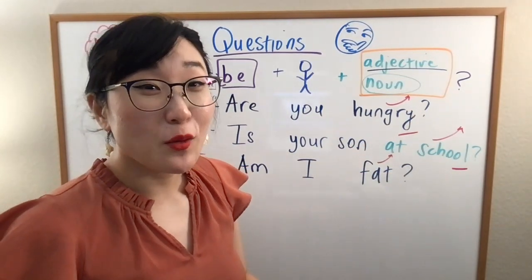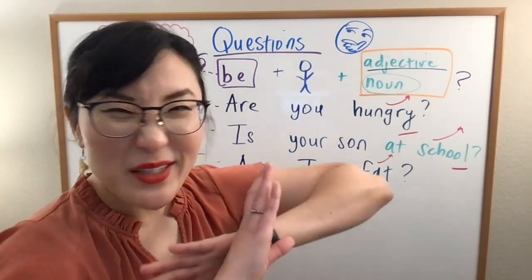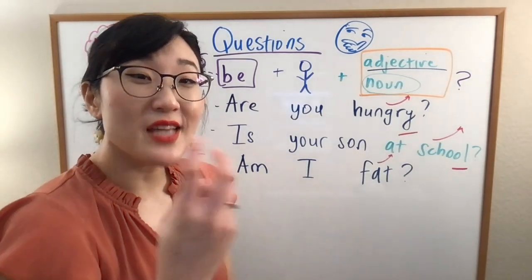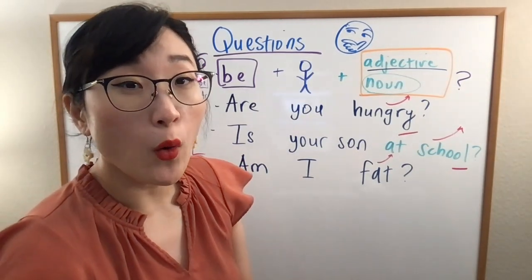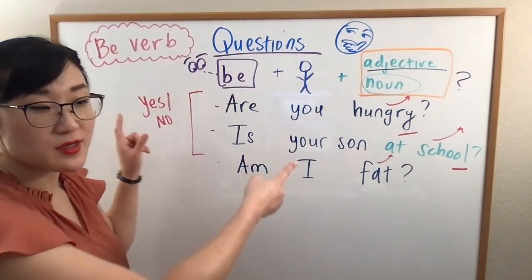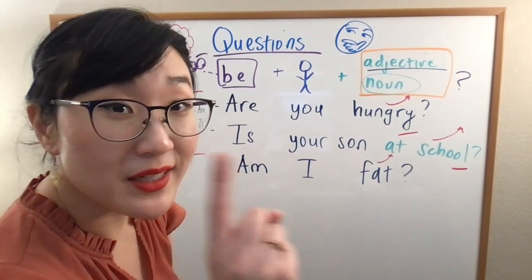But of course, questions are more difficult in English. It is not always simple with yes or no questions. So we have a second group called more information questions. These are similar to yes or no questions. Very, very similar. There's only one thing we need to change.